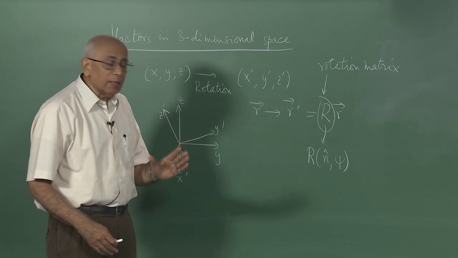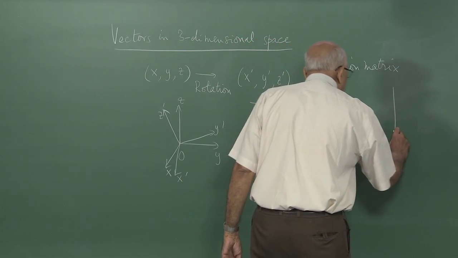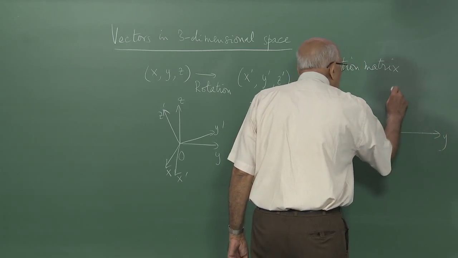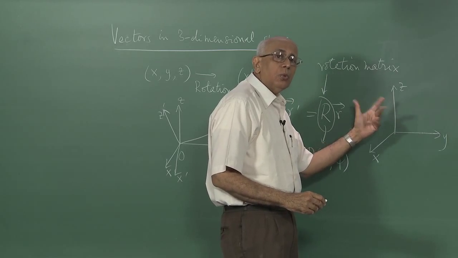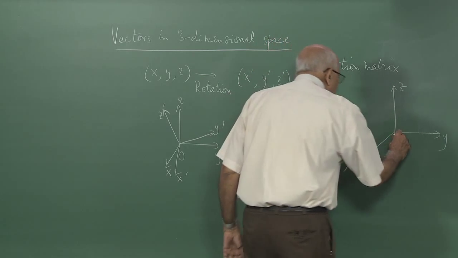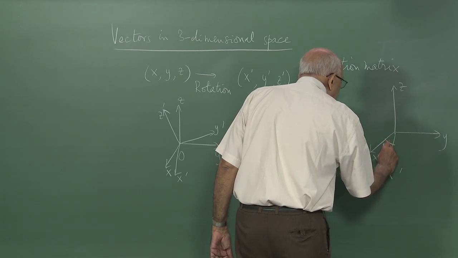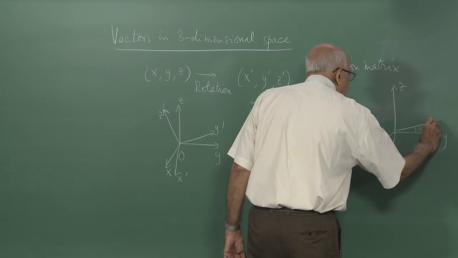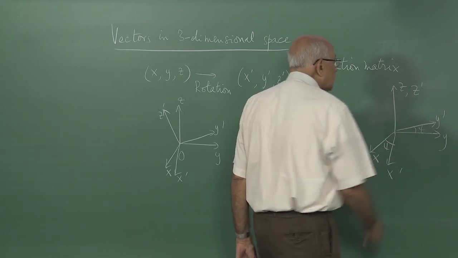A very simple case would be where I actually have a coordinate system. Here is x, here is y, here is z, and I rotate about the z axis through a certain angle psi. So all that happens is that this x becomes x prime through this angle psi, the y goes in and becomes y prime through the same angle psi, and z prime is the same as z.